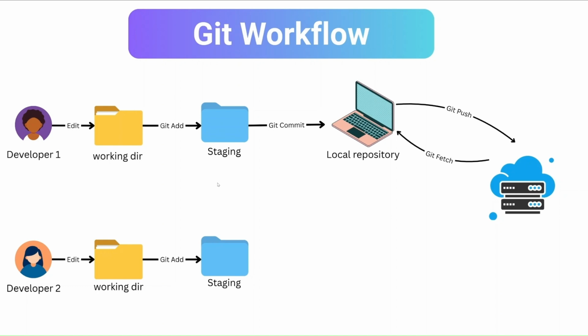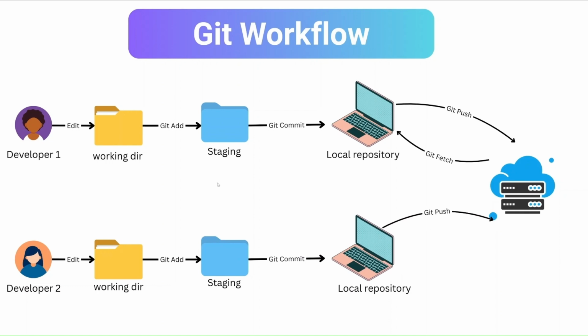Commit means it will create a snapshot of that particular code or the whole repository at that time. The moment you do a commit, it registers into the local repository. Now, if you have a remote Git server, you can do a Git push, and you can do a Git fetch or a Git pull in case you want to pull any data from another developer.